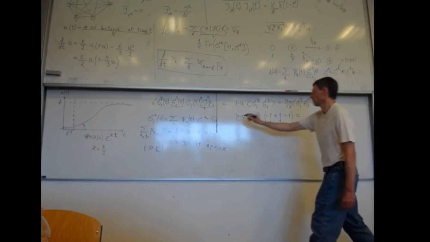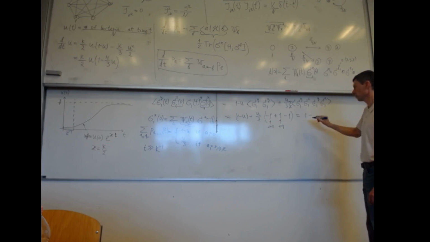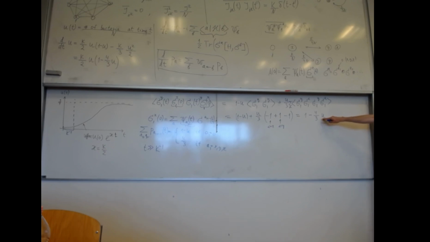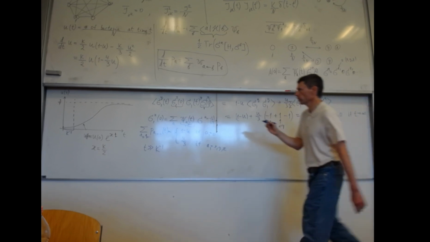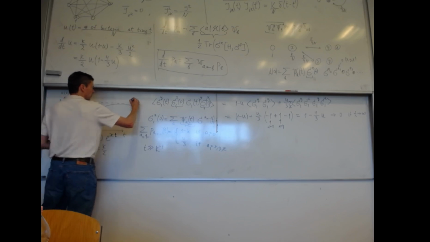And so it's 1 minus 4/3 u. And at long times, u approaches the equilibrium value of 3/4, and this quantity becomes 0. So this is the talk.